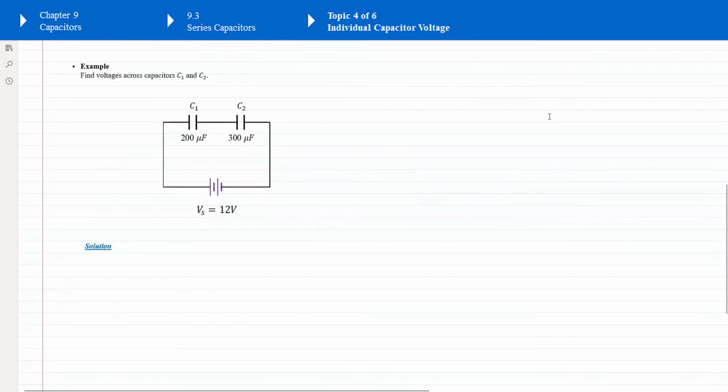Let's look at an example here. In this example, we need to find the voltage across C1 and C2. Step 1: find the total capacitance of the system. The total capacitance Ct equals the equivalent capacitance Ceq, which equals C1 times C2 divided by C1 plus C2.